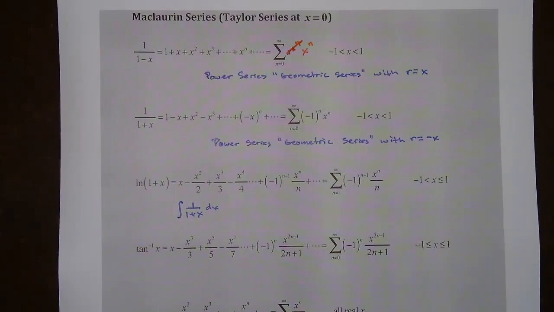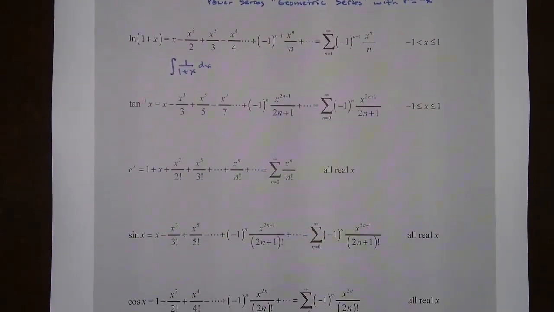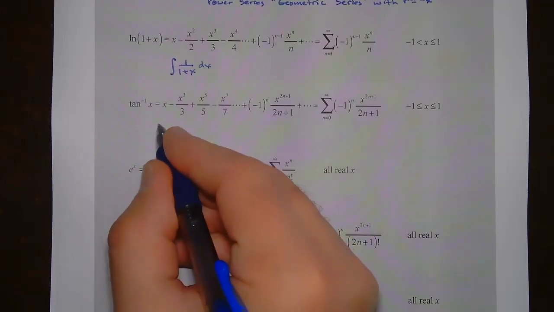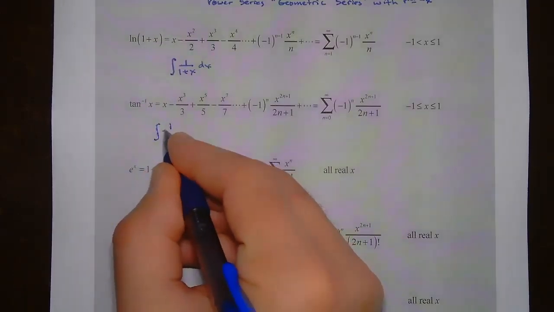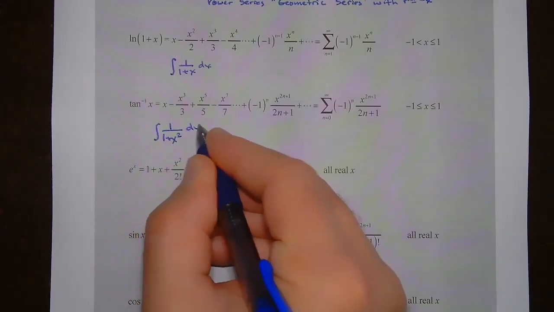All right, so this Taylor series or Maclaurin series came from integrating 1 over 1 plus x. Tan inverse of x came from integrating 1 over 1 plus x squared dx.